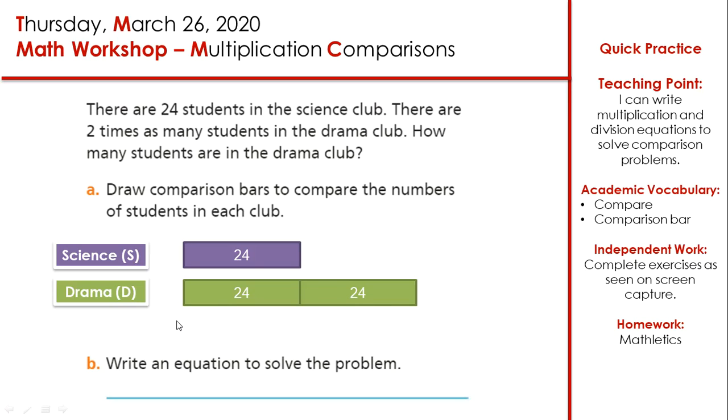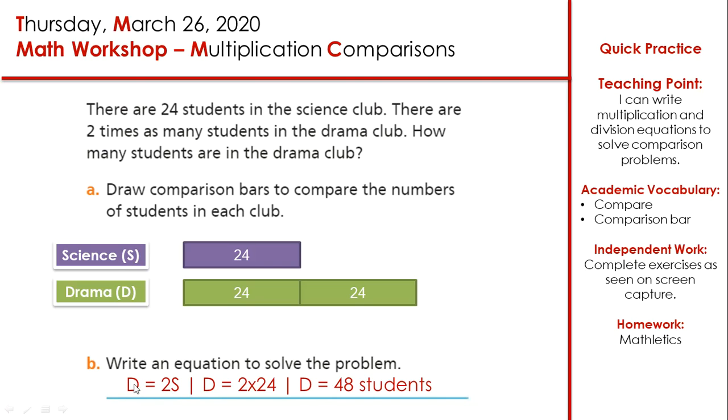Now they're asking me to write an equation to solve the problem. Right here, we said that D represents drama, right? And the question is asking us about the drama club ones. So the drama students is equal, right here in the second sentence, there are 2 times as many students in the drama club as in the science club.